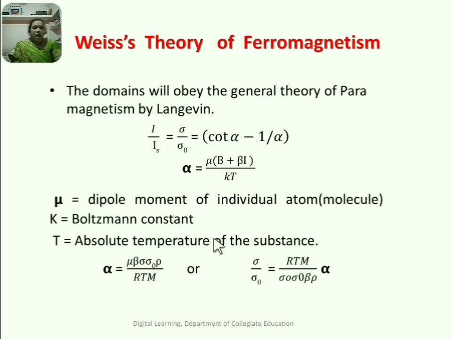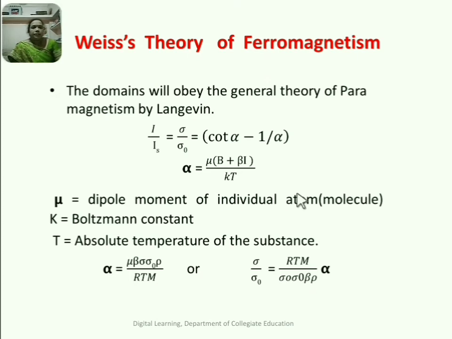Here R is n into K, where n is the Avogadro number. Lastly, it is expressed as sigma by sigma naught equal to RTM divided by sigma naught square beta rho into alpha.